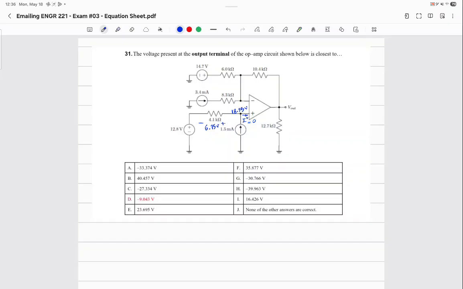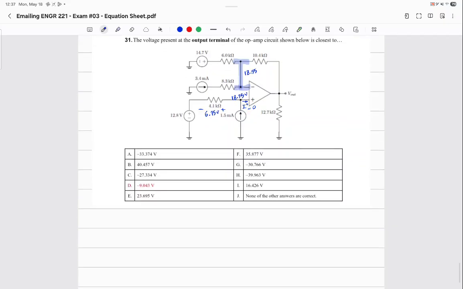Did I do anything wrong so far? Now, since that point is 18.95, this point is also 18.95, right? Now write a KCL at this point. So what can I write?